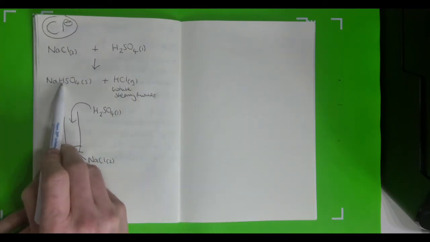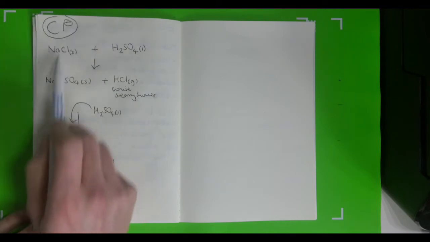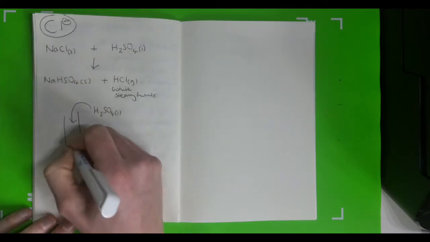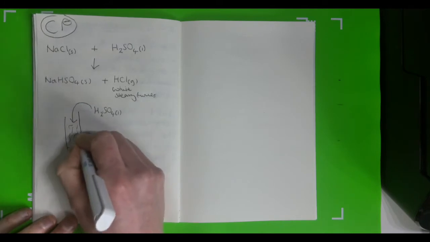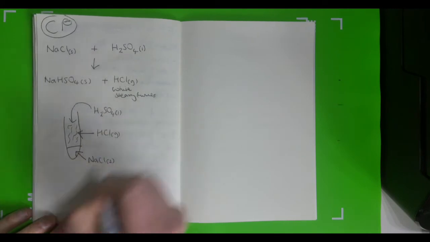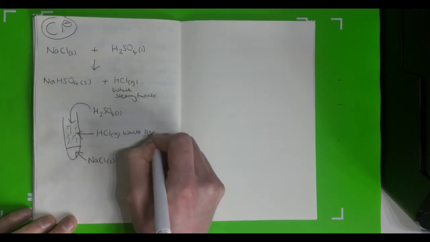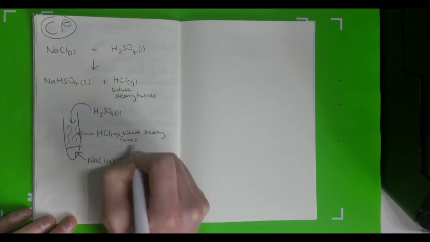You get sodium hydrogen sulfate, which is just a white solid as well, so you can't really see that. You start off with a white solid and end up with a white solid, but what you find is you see these steamy fumes that are produced here, and these steamy fumes are the HCl gas, the hydrogen chloride gas, which are white steamy fumes. And that's how you know a reaction's happened.